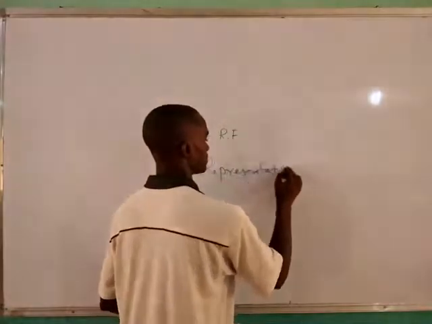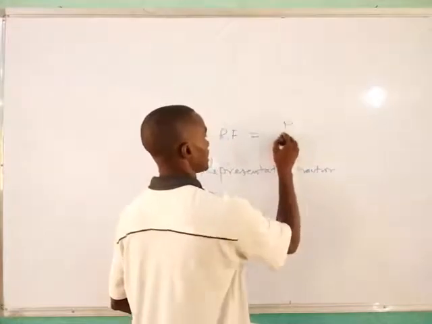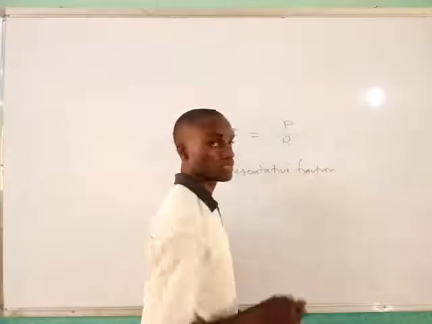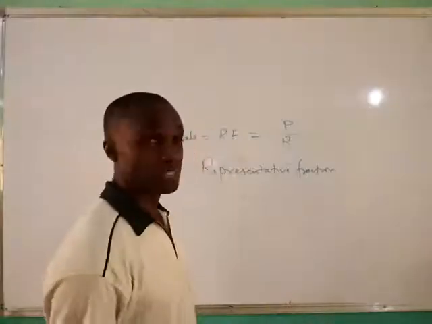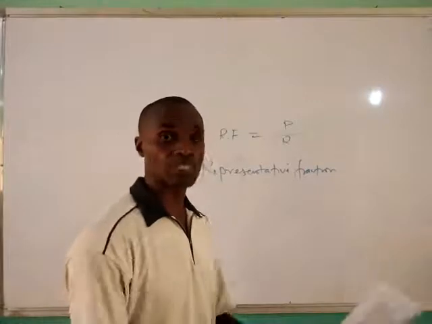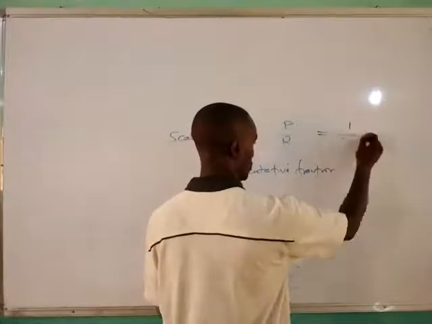It means the size of the picture divided by the size of the real object. Since it is on paper, the picture on paper is always smaller compared to the real size of the object. That is the scale given to you.